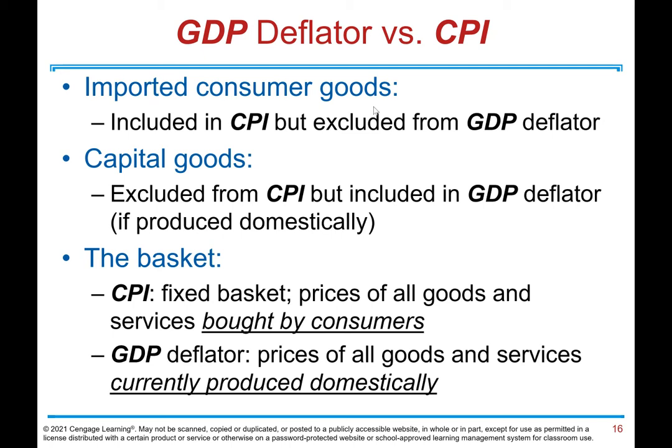Capital goods are excluded from CPI but included in the GDP deflator if produced domestically. The CPI is a fixed basket of prices of all goods and services bought by consumers. The GDP deflator reflects prices of all goods and services currently produced domestically.